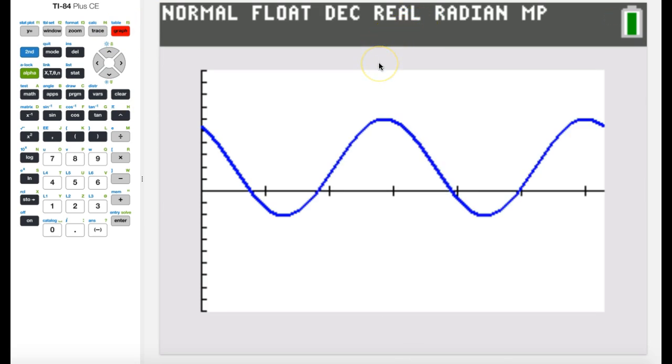Okay, now remember, this is the second derivative of my original function. Points of inflection occur where the second derivative changes sign. That happens here, here, here, and here, right? So what we can say is my original function changes concavity 4 times on the interval 0 to 2 pi because the second derivative changes sign 4 times on the interval 0 to 2 pi, right?